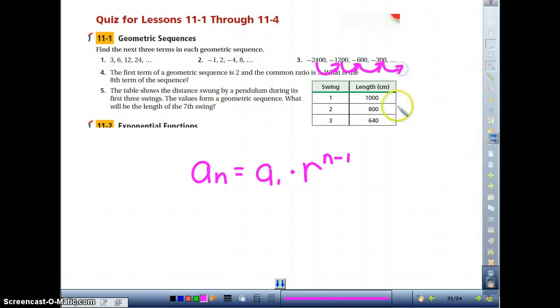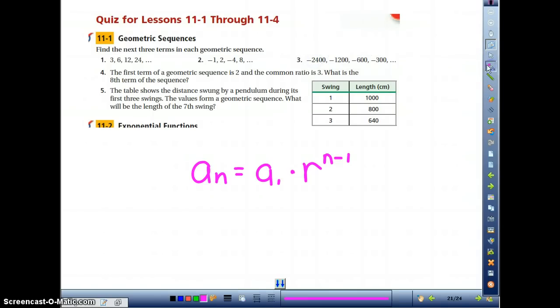So what's the next 3 terms in the sequence? Negative 150. Negative 150 divided by 2, we get negative 75. Then take that and divide by 2. And the next term is negative 37.5. Yeah, pretty easy.